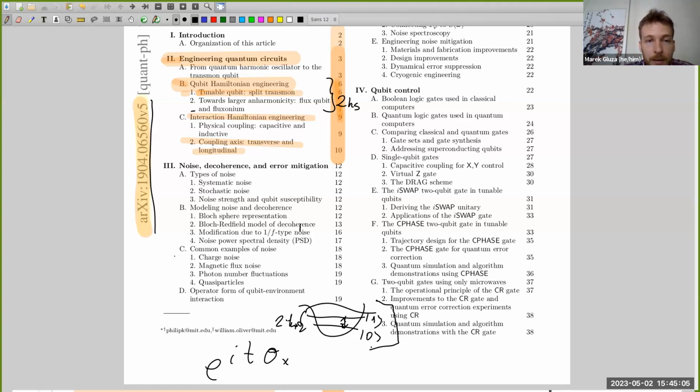That would be transversal in this nomenclature, and longitudinal would mean that you're just changing the phase of the qubit. So maybe there's some omega and some time t, which means you're adding a phase onto the single qubit. Okay.